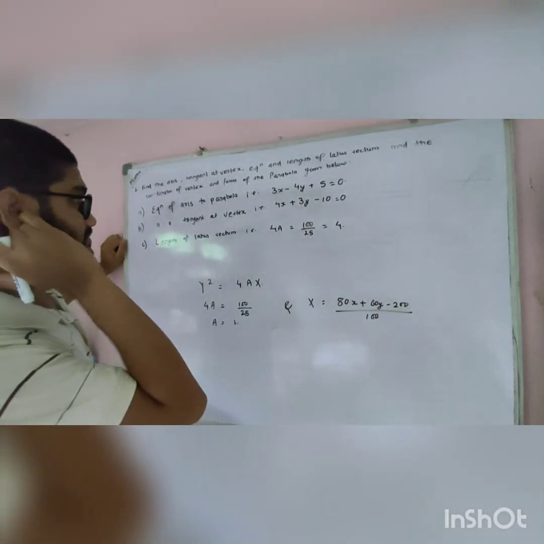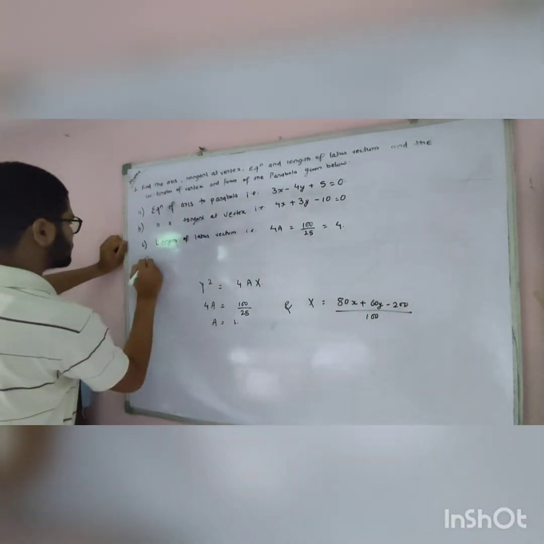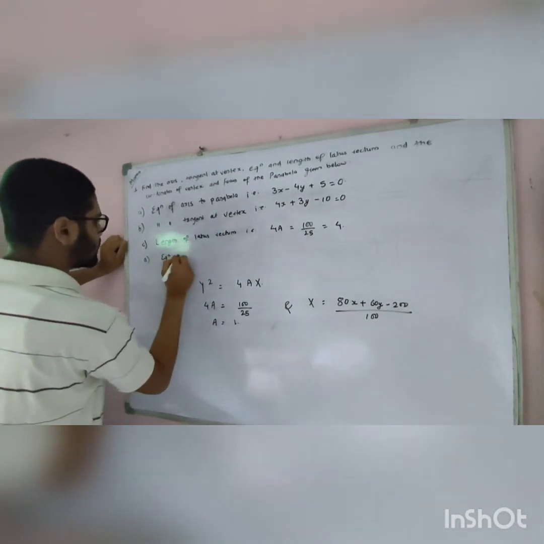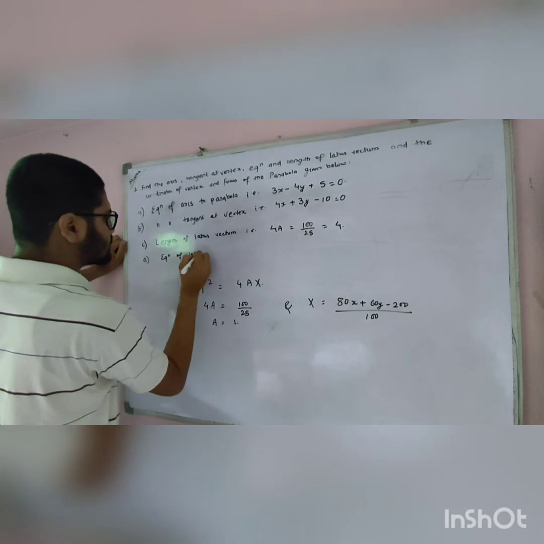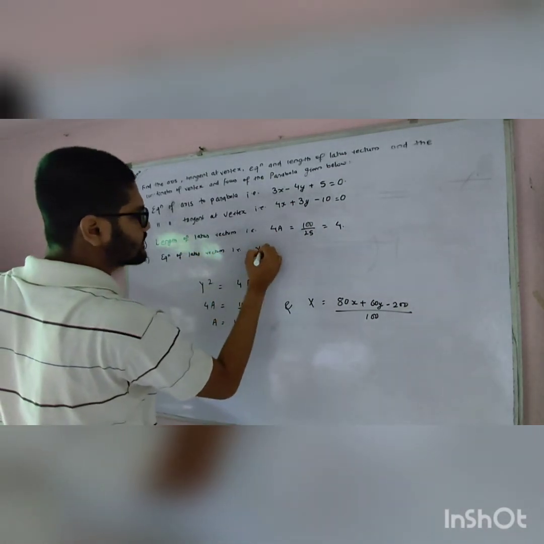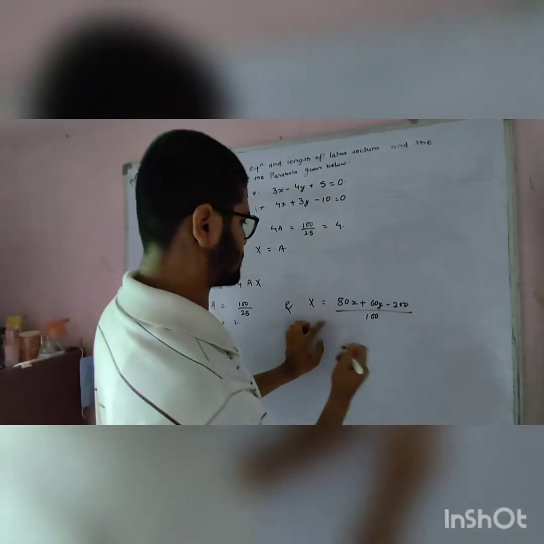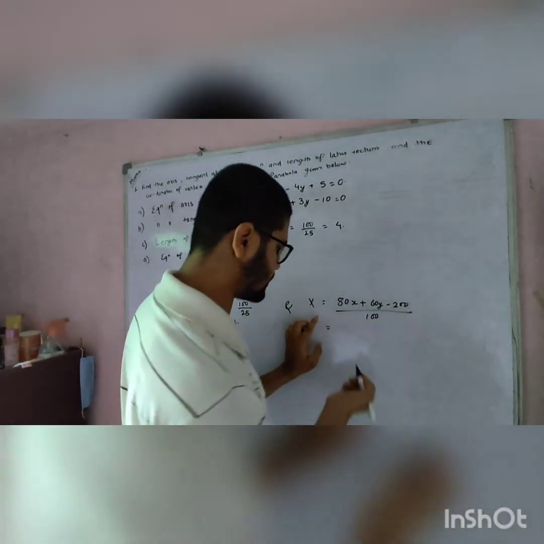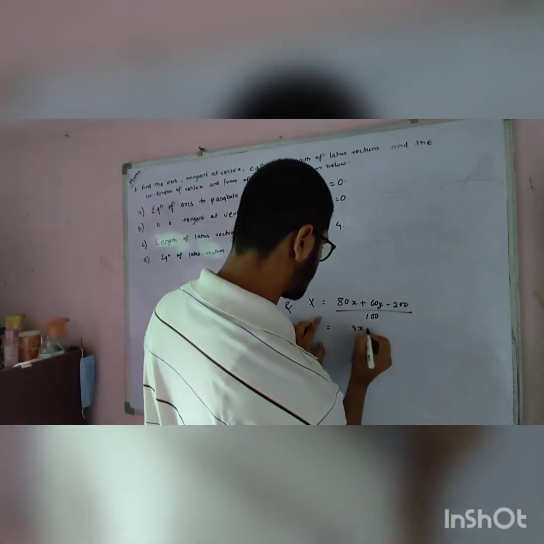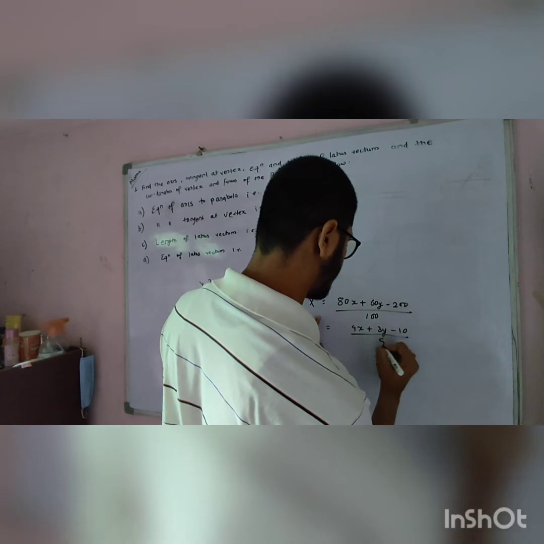Now what do we have to do? The equation of latus rectum. The equation of latus rectum is x equals a. What is x? X we have, so I'm modifying this a little. We will get (4x plus 3y minus 10) by 5.